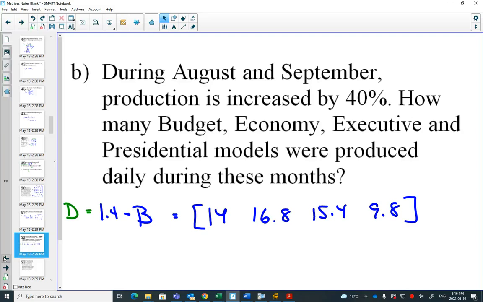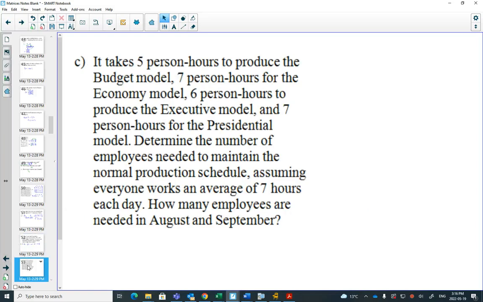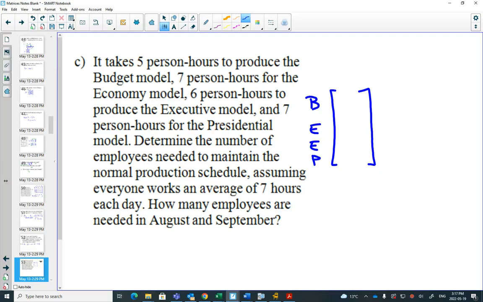Okay, awesome. The budget model takes 5 hours, 7 hours for the economy, 6 to produce the executive, and 7 for the presidential. How many employees are needed? So now we're going to need to make a matrix, and the options are we could either make a column matrix with the hours, or we could make a row matrix.